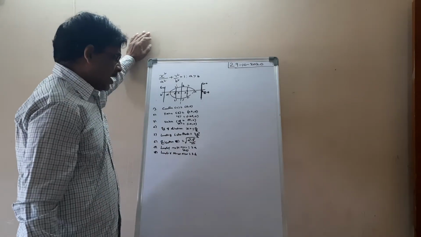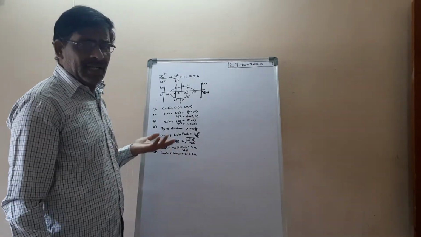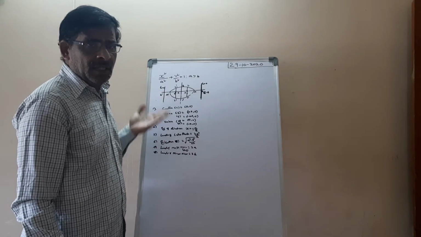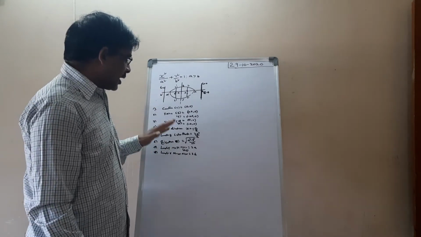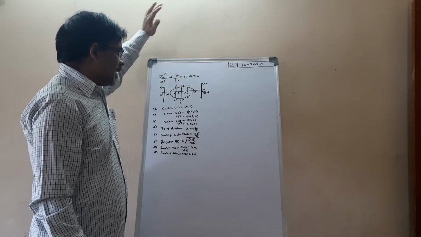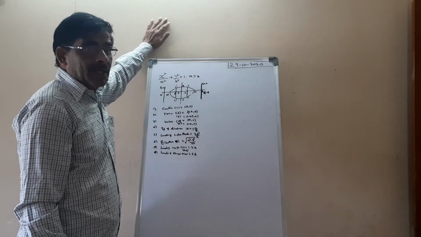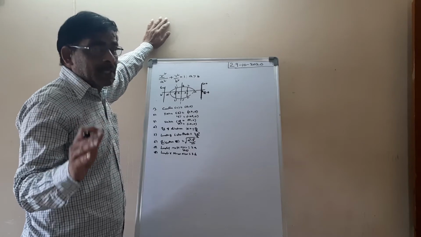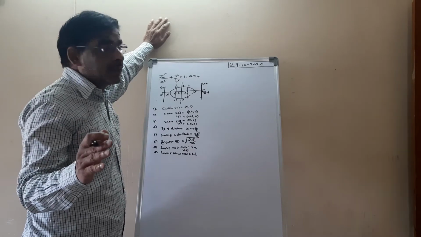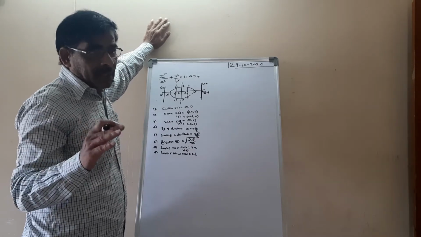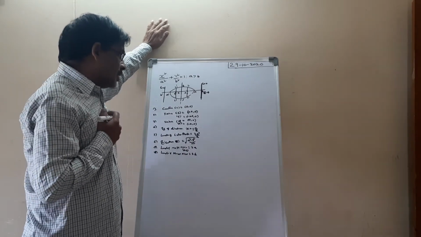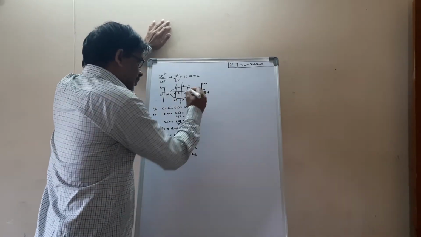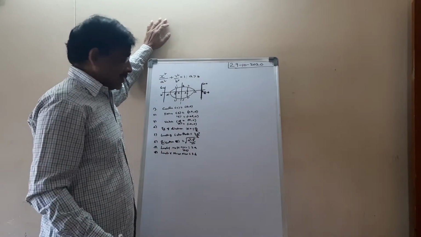Everybody knows these results. These are all true for our ellipse x square by A square plus y square by b square equal to 1, where A is greater than B. We already discussed these points in our previous class.